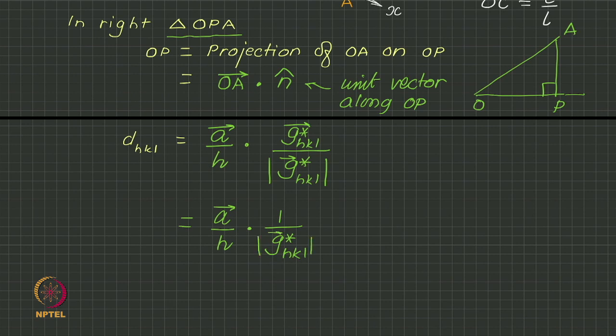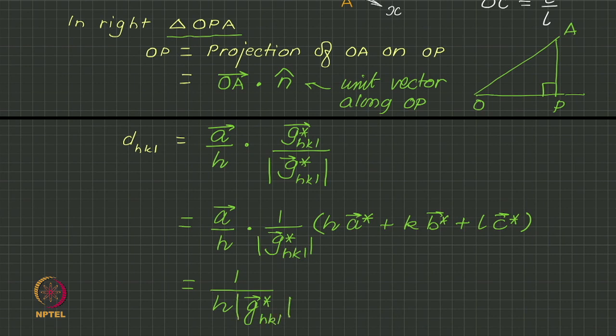Now, G star HKL, as I defined, is nothing but H A star plus K B star plus L C star. So, now this is a dot product here. We can take A dot inside.